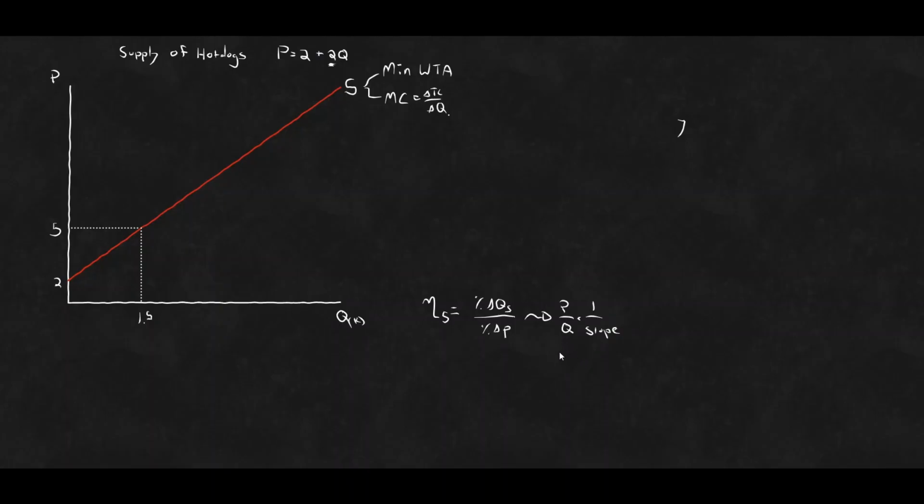Same kind of outcomes as with elasticity of demand. The bigger this number, greater than 1, the more elastic or the more price sensitive our supply curve is. The smaller this number, between 0 and 1, the less elastic, or inelastic, the less sensitive we are to prices.